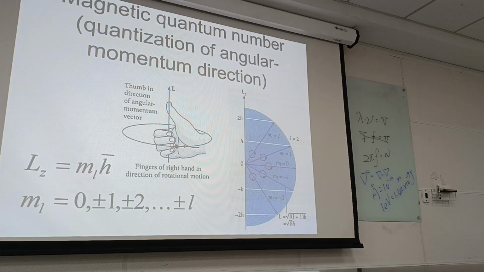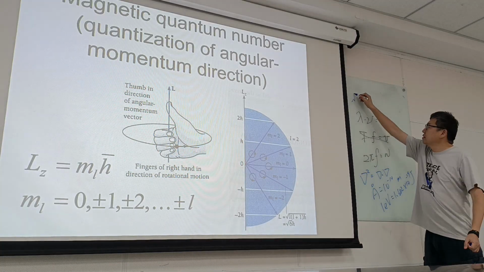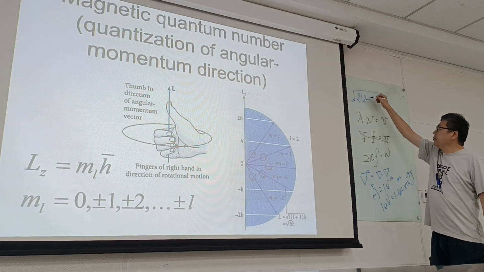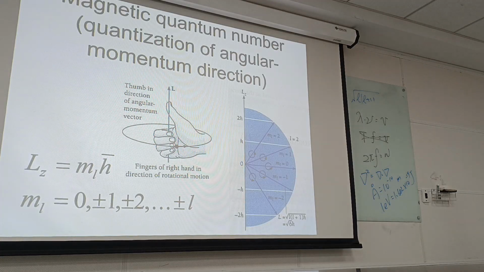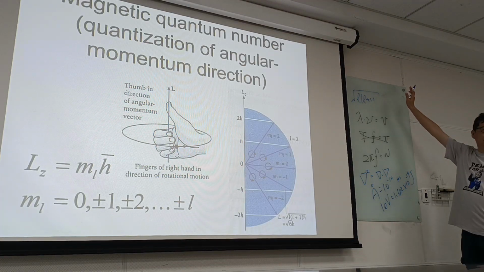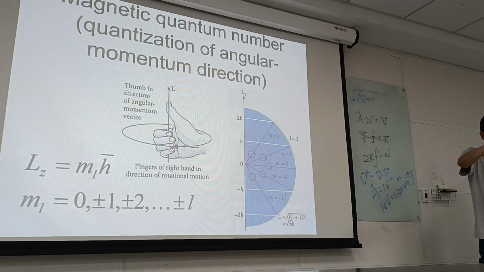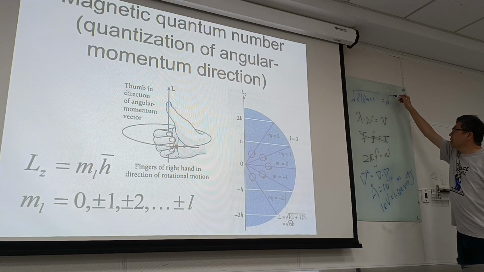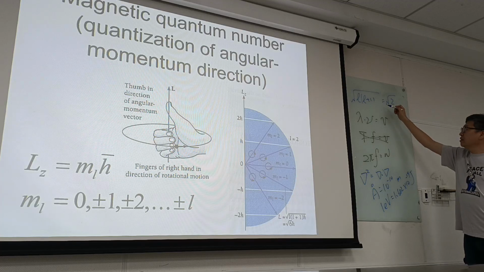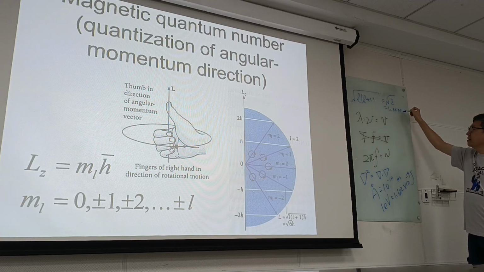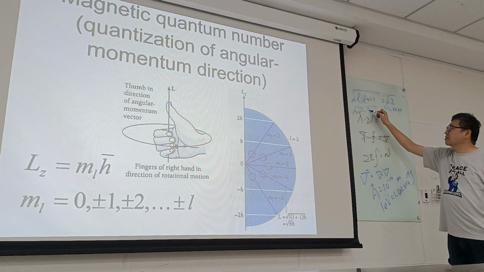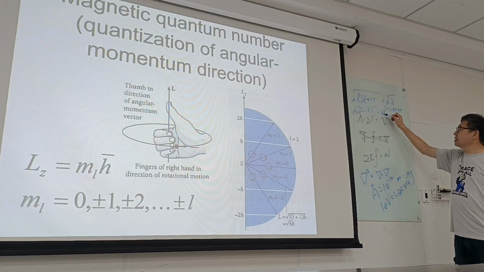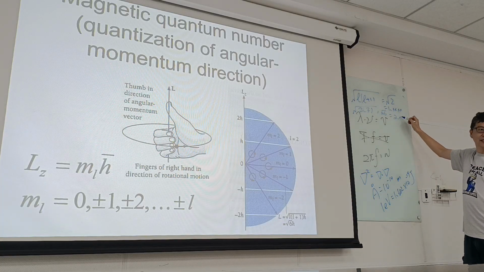Remember, L is the square root of l times l plus 1. When l equals 0, this is 0. If l is 1, this equals the square root of 2, which is 1 point something. If l is 2, it is the square root of 6, which is 2 point something.